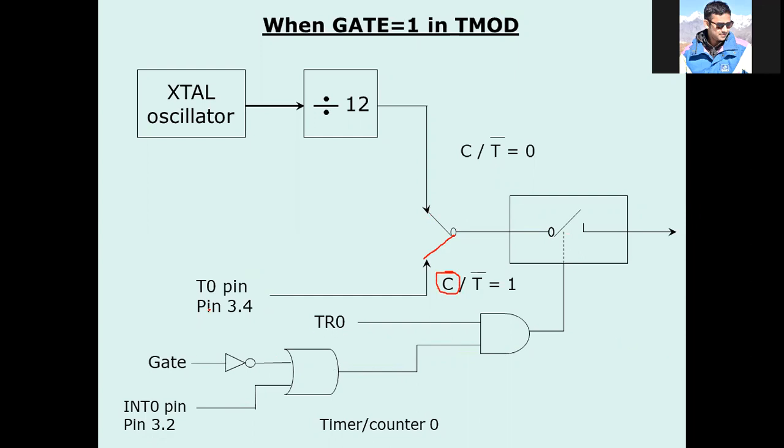That means this gate will be 0, INT0 will be 1, TR0 will be 1, and the output will be 1, because unless the output of this particular AND gate is 1, this switch will not be closed, right or wrong?